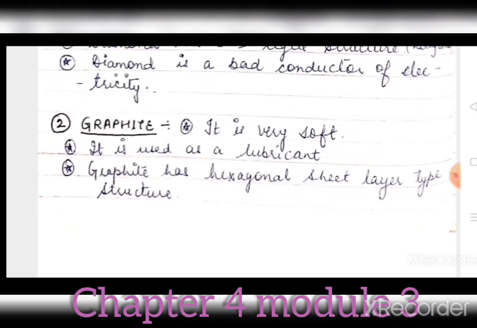So it is soft, it is used as a lubricant, whereas diamond is hardest. So there is a difference between physical properties, whereas chemically all three are same. Third allotrope is fullerene.